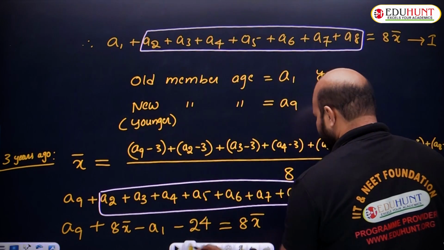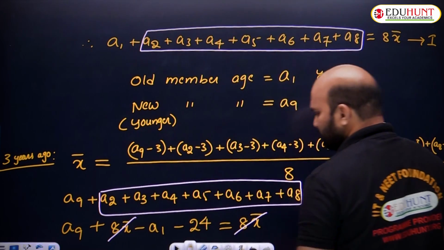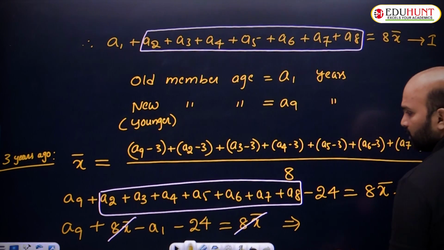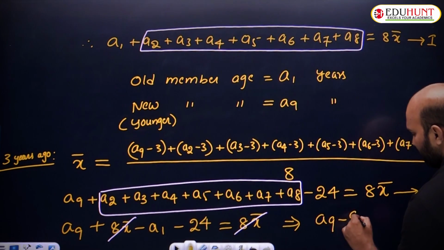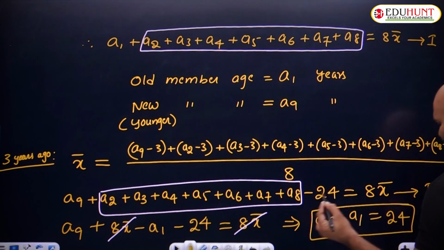So on both sides 8x bar cancels. So it can be written A9 minus A1 equals 24.